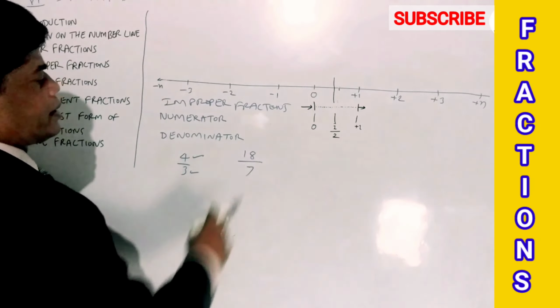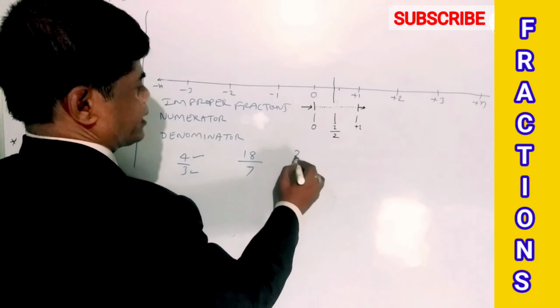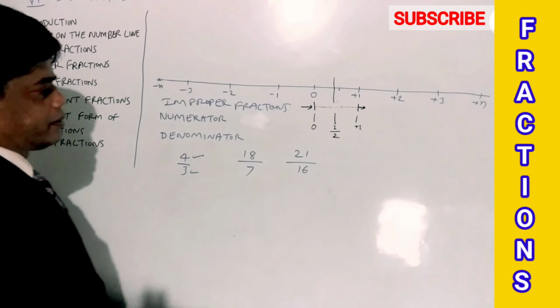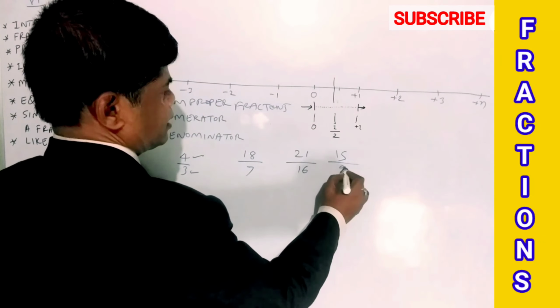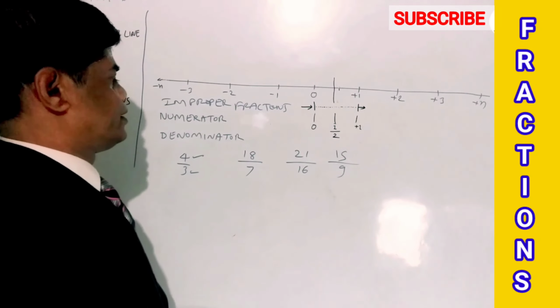The numerator is more than the denominator. Here I'm taking 21 by 16, and 15 by 9. These are called improper fractions.